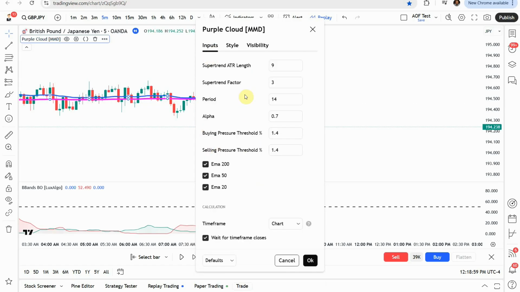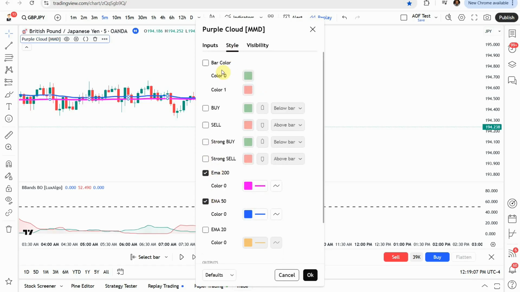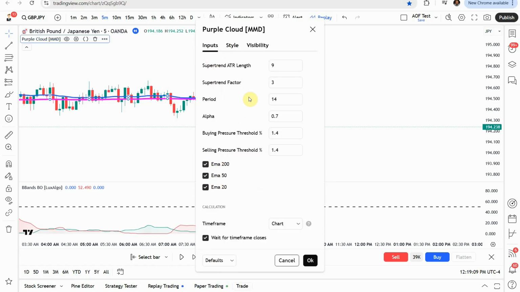Now, interestingly enough, I do believe that this Super Trend ATR length actually has nothing to do with these EMAs. It's a testament to the way the source videos fumble around creating superficial settings to make it look like they've achieved some kind of special settings that you need to know about.